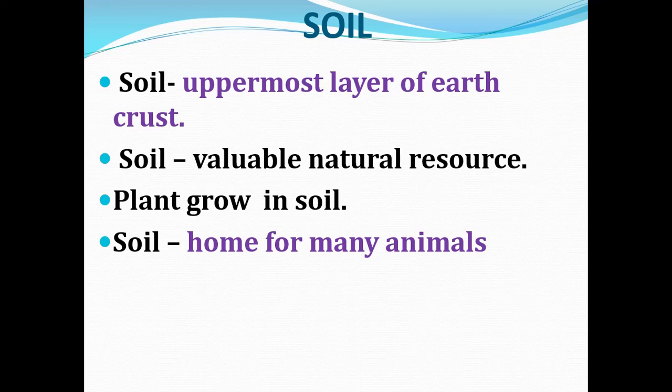For example, the earthworm, which you know as children. Earthworms turn and loosen the soil and help in decomposing dead and decayed matter. Even after death, they turn into humus, which increases the fertility of the soil.